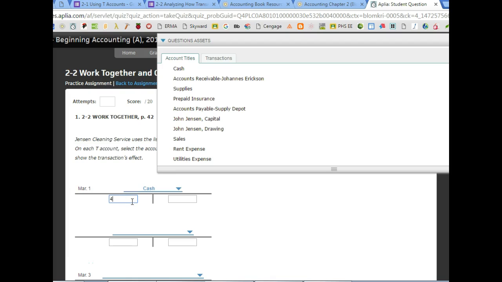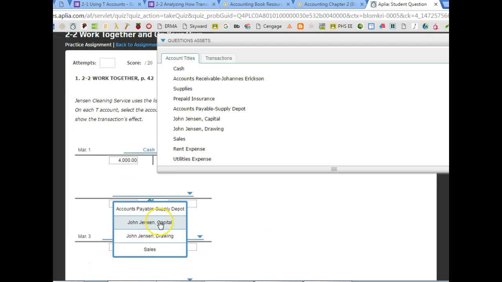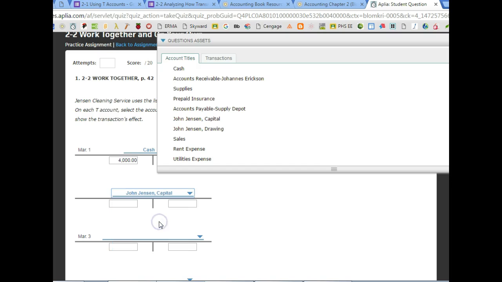And it looks like it was $4,000. And then this is cash from the owner, so this is that capital account again. And I know that I'm increasing the owner's capital within the business. And so I'm going to credit the capital account.